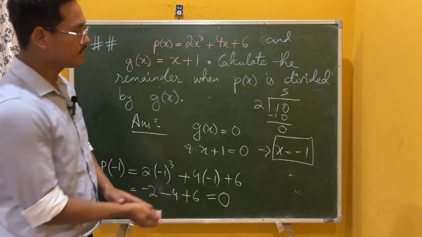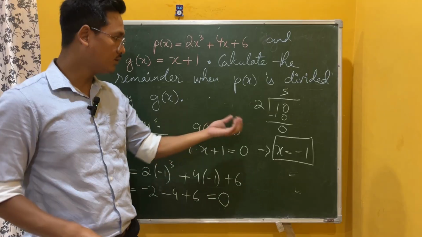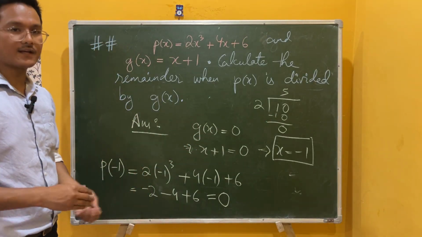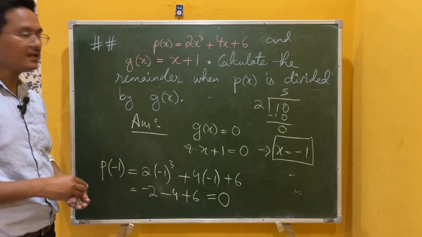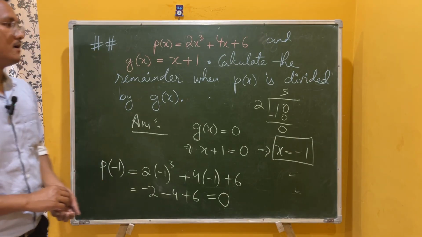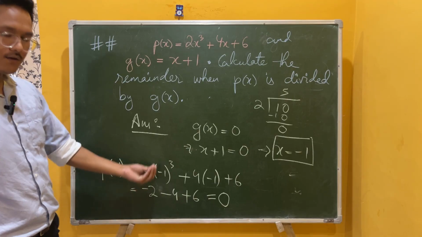So in this case, what do we say? That 2 is a factor of 10 because 2 exactly divides 10. Similarly, 8 is a factor of 24 because 8 divides 24 exactly, leaving no remainder. So this problem, the remainder theorem only.